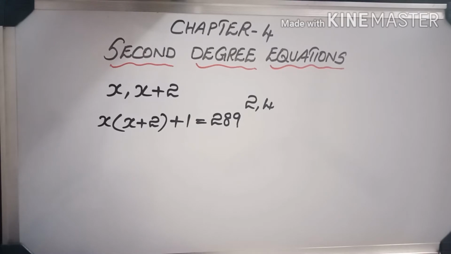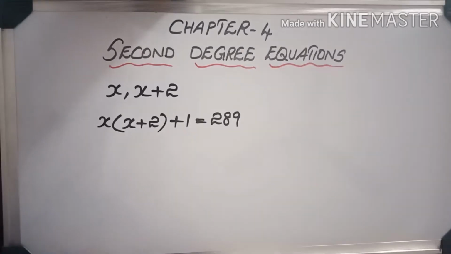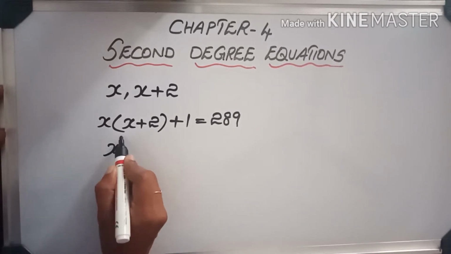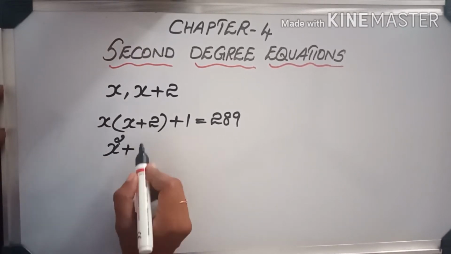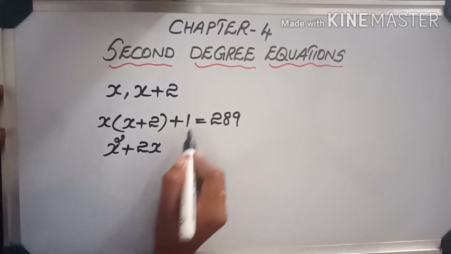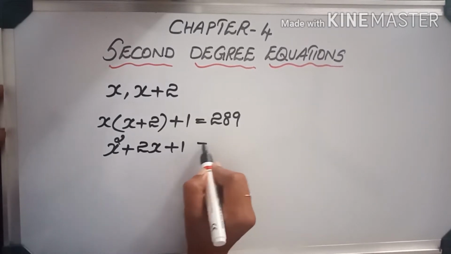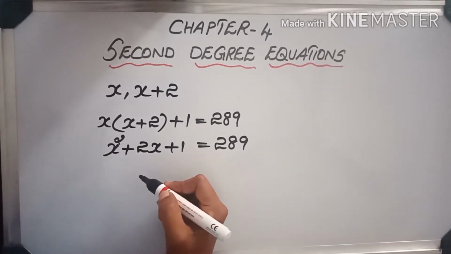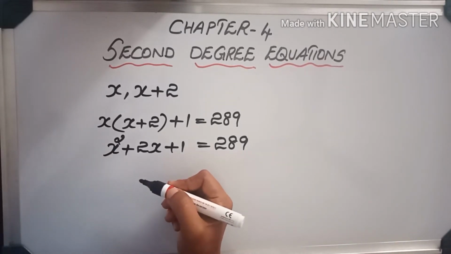Then what are the numbers? That is the question. First let's open the bracket. So here x into x plus 2. So x into x, x square, plus x into 2, that is 2x, then plus 1 equals 289. Okay, from this we have to find the value of x.